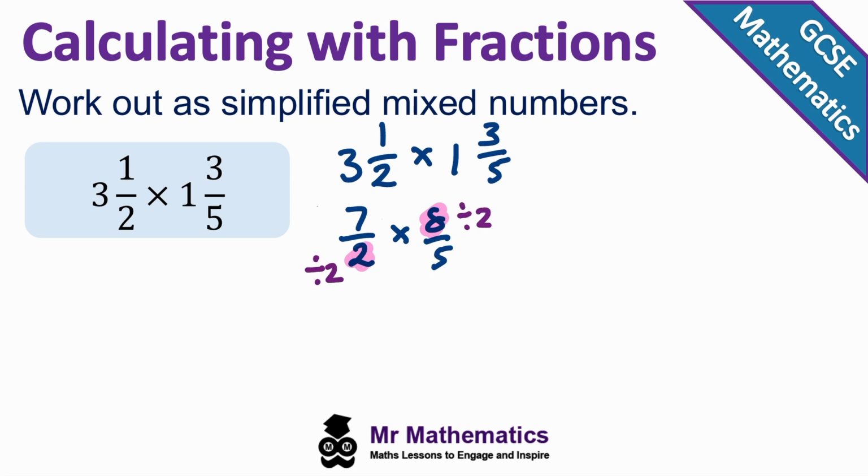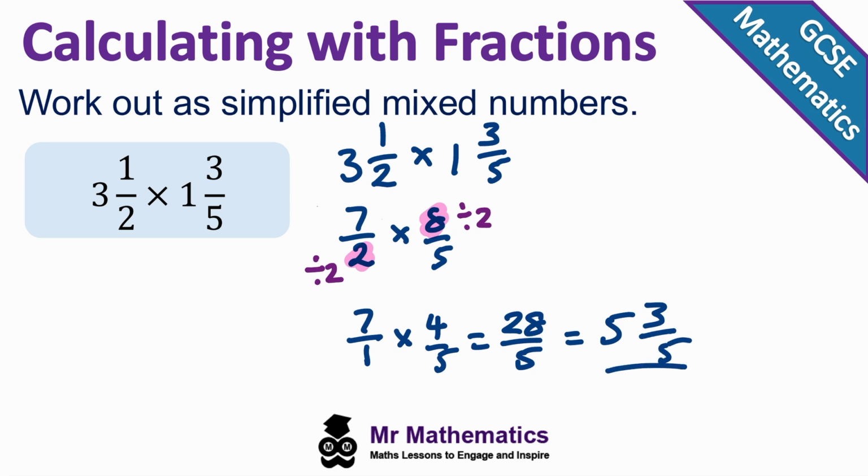And then we can simplify our product. We'll have a 7 over 1 multiplied by 4/5. So our numerators will have 7 times 4, denominator 1 times 5, and this 28 is 25 fifths plus 3 more fifths.